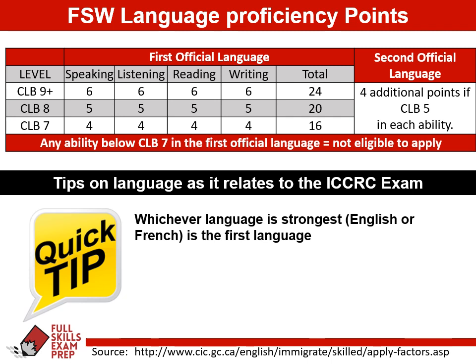So remember that when a person takes language exams for both English and French, so for English it would be IELTS or CELPIP, and French would be TEF, whichever results come back with the highest CLB, that's going to be considered the first language. Okay, and of course this is only English and French. So there aren't any points given if a person speaks Hungarian or Italian or any other language.